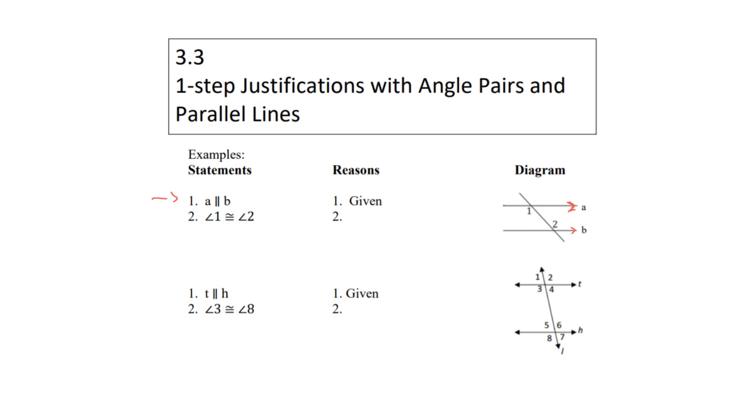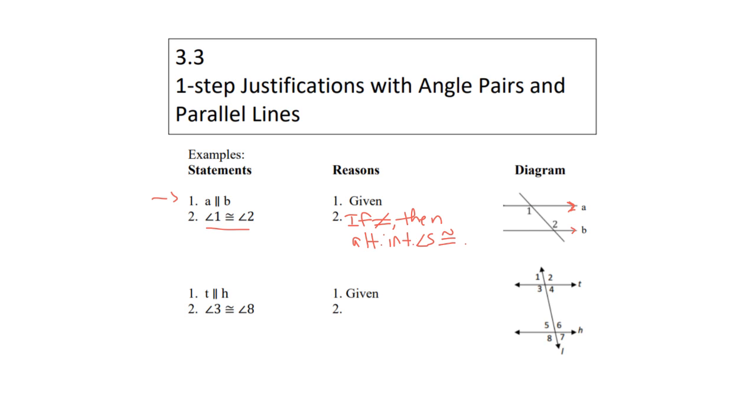So we are able to write that angle 1 is congruent to angle 2 because if we have two parallel lines crossed by a transversal, then alternate interior angles are congruent.